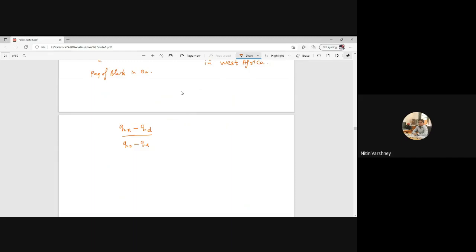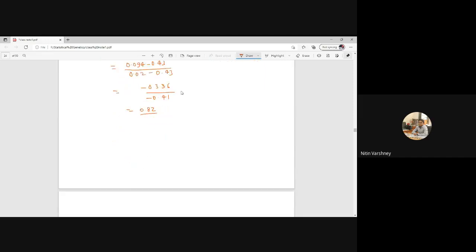Okay, so Qn is given as 0.094 minus Qd, given as 0.43, divided by Q0, given as 0.02, minus 0.43. So we can calculate here 0.336 divided by 0.41. After calculating, I'll get 0.82.